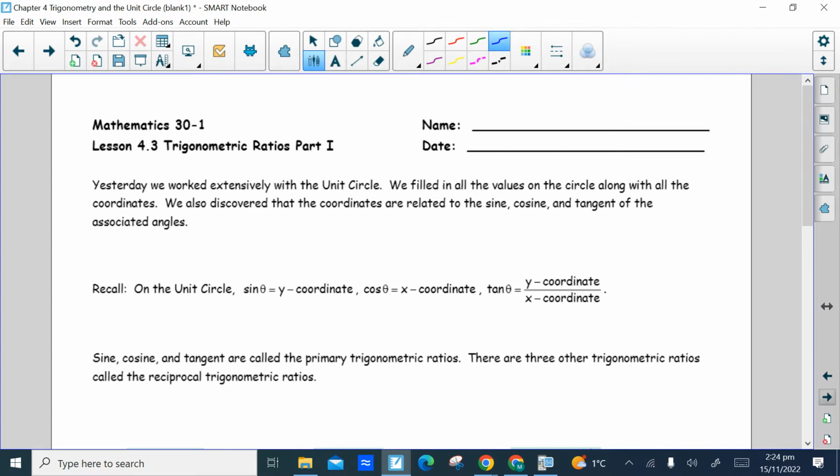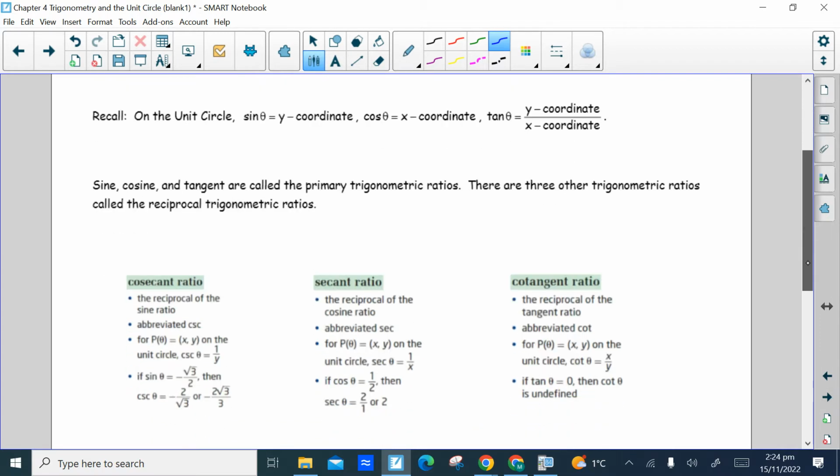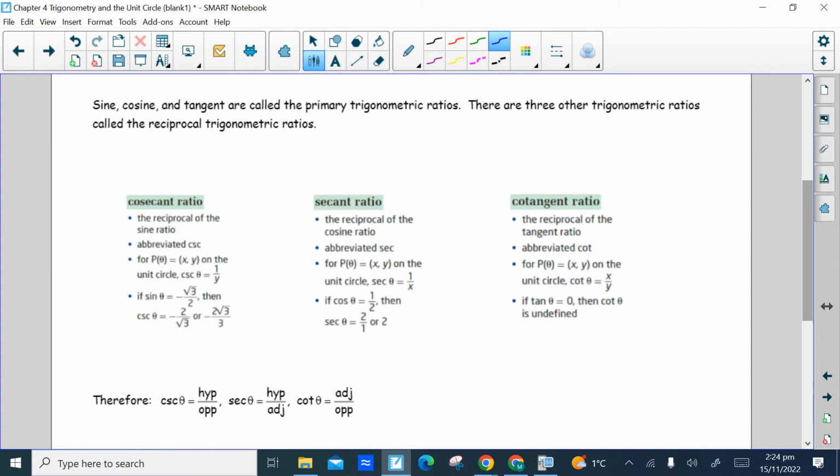So, last class, we worked with the unit circle, filled in all the values along with all the coordinates, and discovered that the coordinates are related to the sine, cosine, tangent of the associated angles. Because tangent is sine over cos, the y over the x. So the sine, cosine, tangent are known as primary trigonometric ratios, but there are also three reciprocal trig ratios.